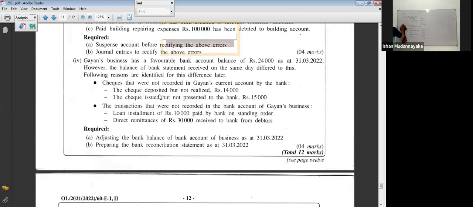Simple question. Now, problem number 4. You have to prepare the adjusted bank account, and then the bank reconciliation statement.